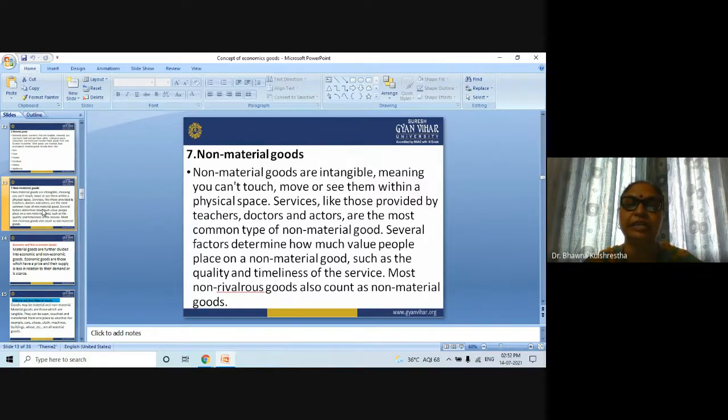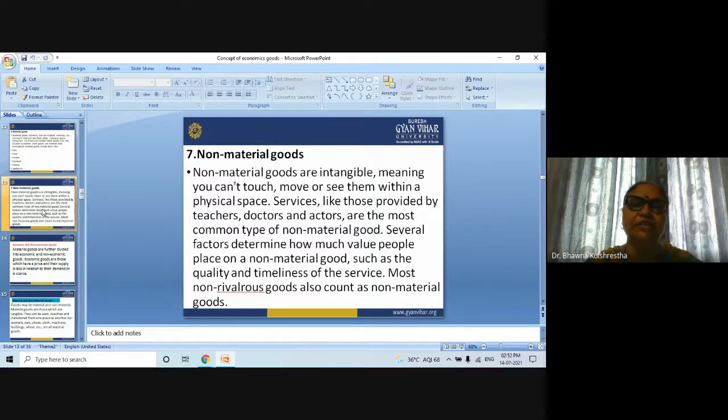Services like those provided by teachers, doctors, and actors are the most common type of non material good.